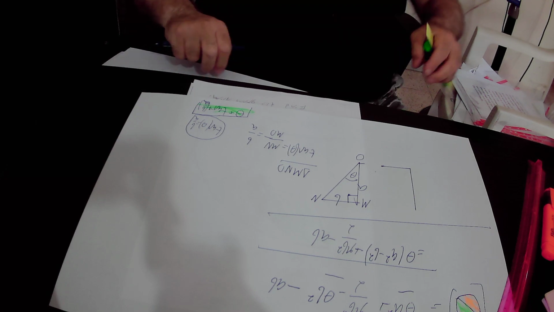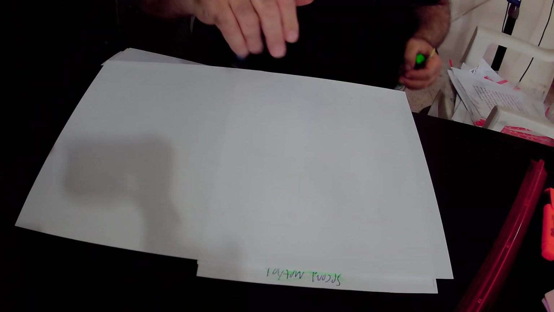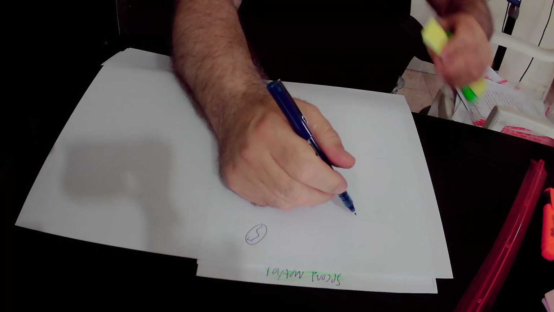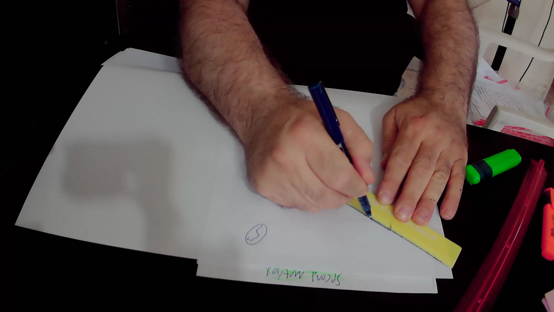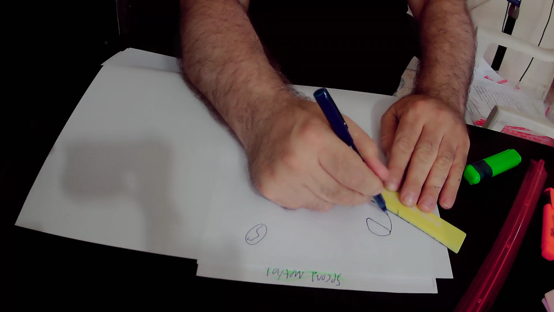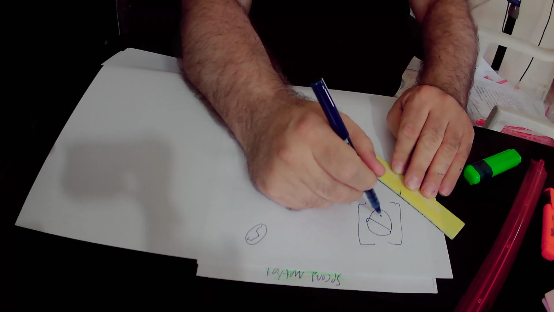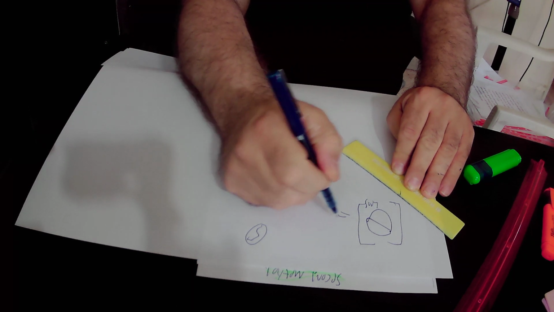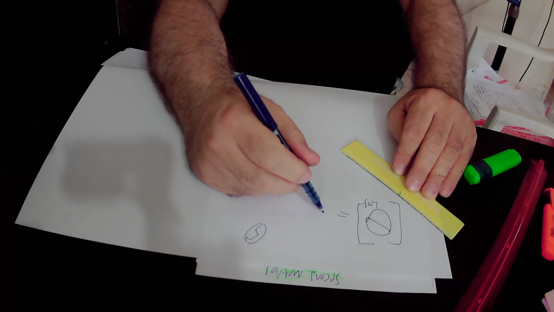And you will get that the area of the lens, that could be any lens, will be equal to theta.